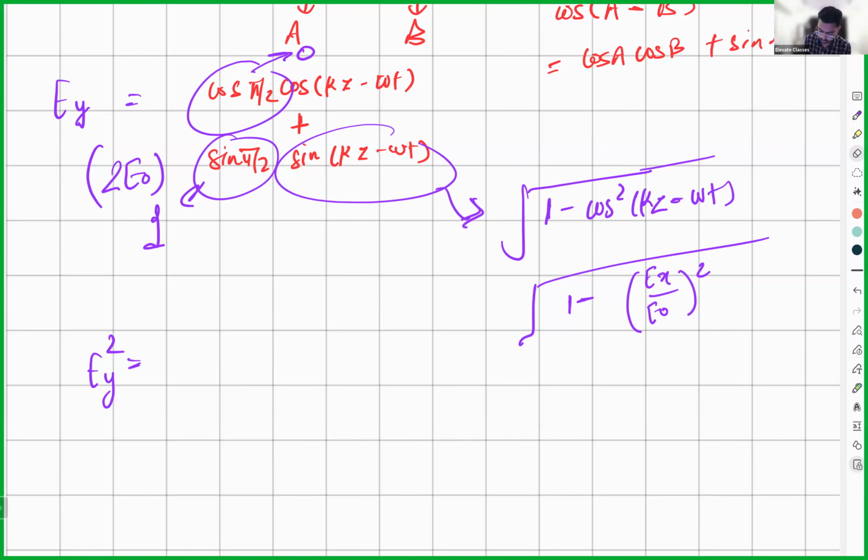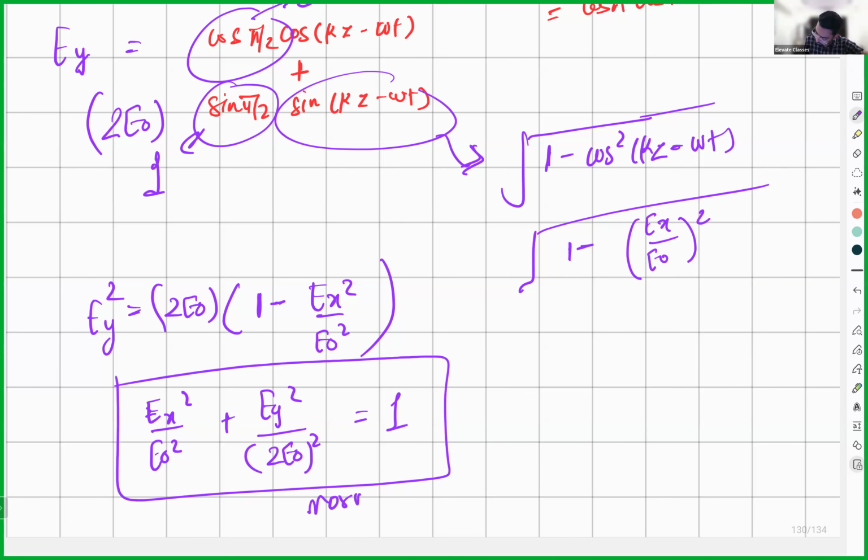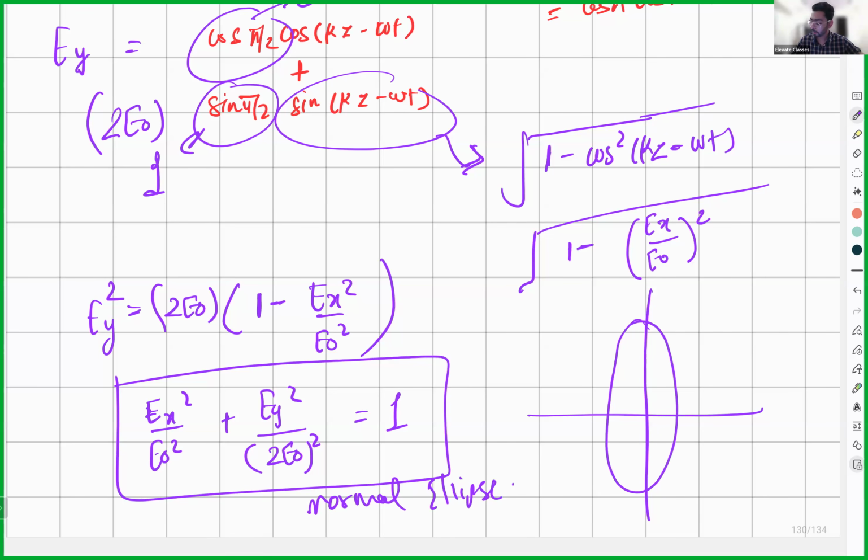So Ey square becomes 2 E naught squared. Okay. So finally what you get over here is Ex square by E naught square plus Ey square by 2 E naught square is equal to 1, right? So this becomes a normal ellipse, right? So this will look like this one.